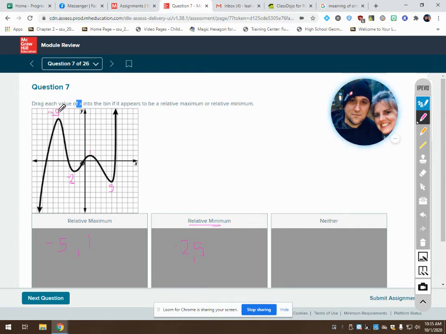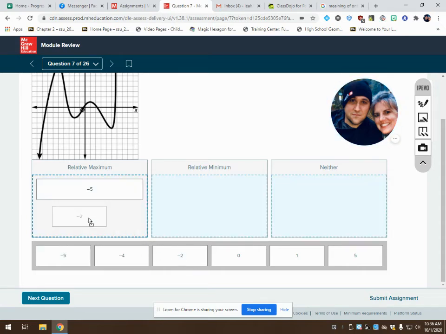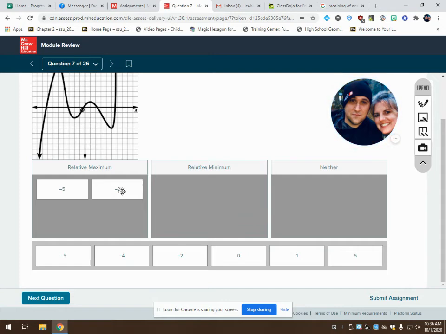This is an x value of -5, -2, x value of 1, x value of 5. And let's see here, neither. So I'm going to have to delete this and come down here and look at what it gave me. So we said relative maximum at -5, a relative maximum at -2.